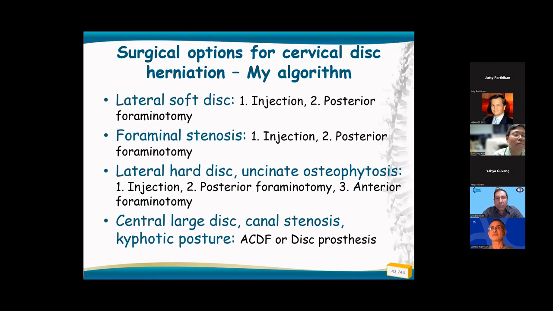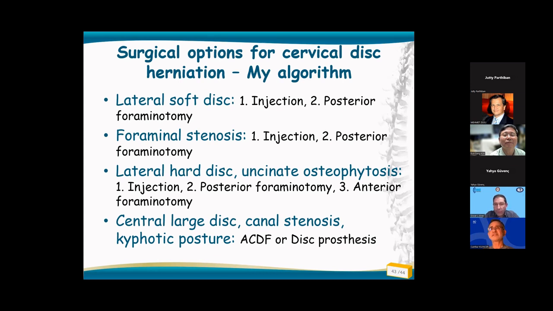For lateral soft disc herniations, my first line of treatment is always injection, and then if the patient does not get better, I will apply posterior foraminotomy. For foraminal stenosis, I will again try injection, and if the patient does not get better, I will again perform a posterior foraminotomy.